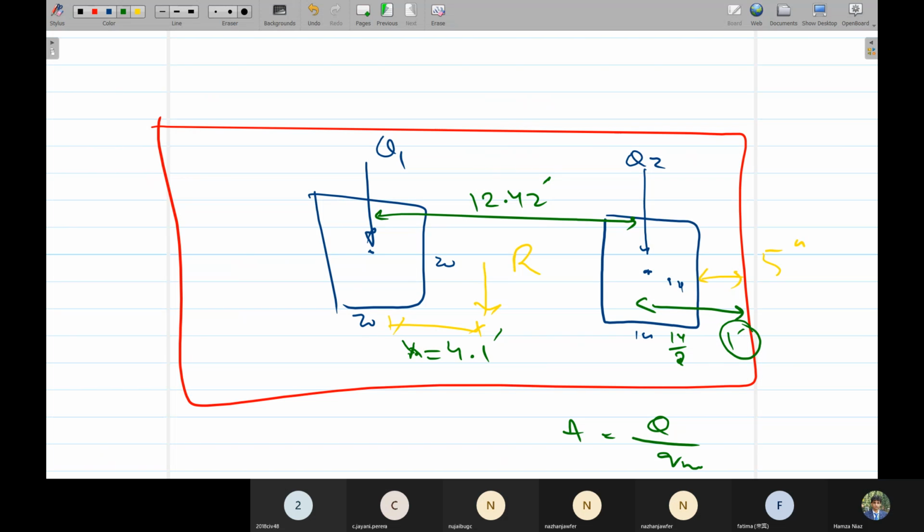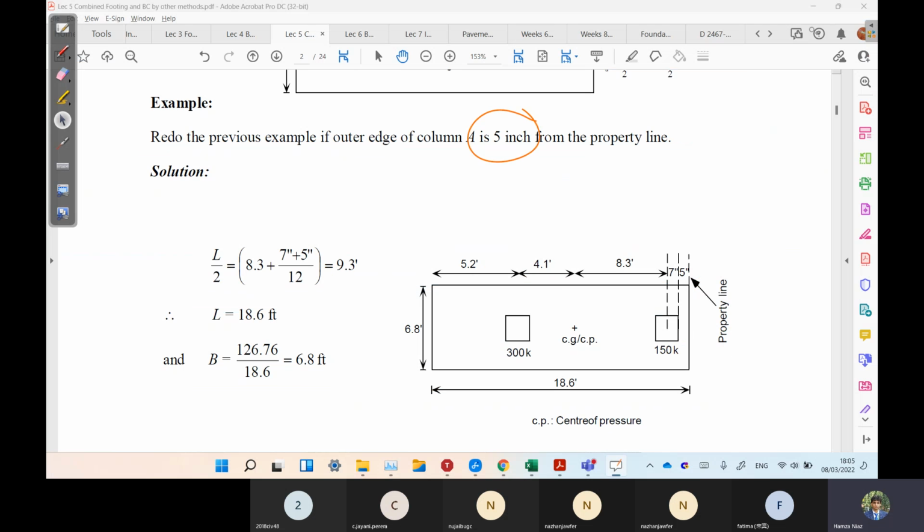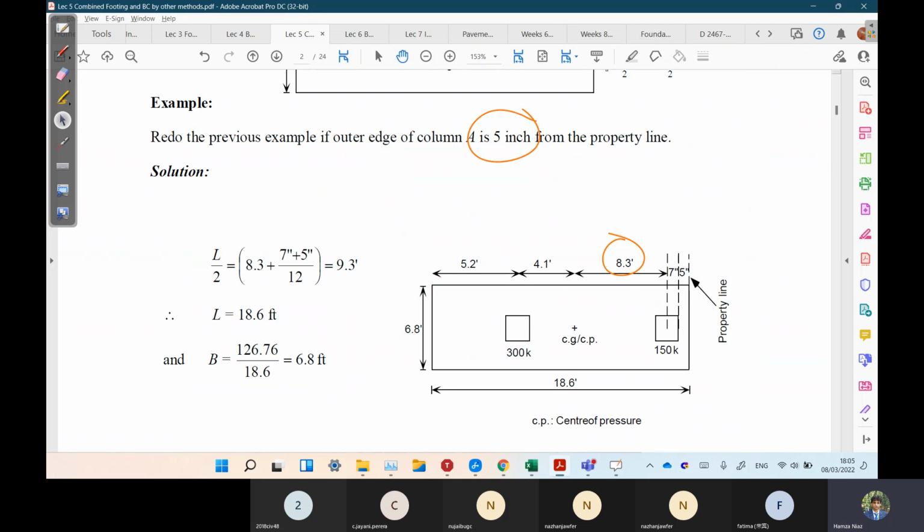Simply, we can calculate this dimension. We know this is 4.1 feet, so we can easily calculate this dimension. So this dimension would be 8.3 feet.